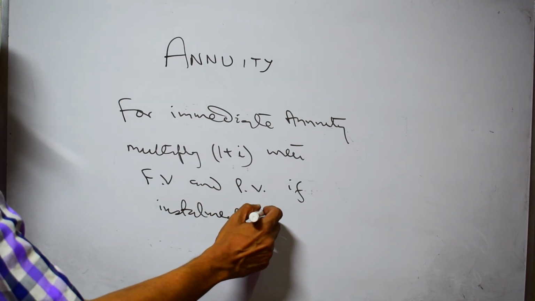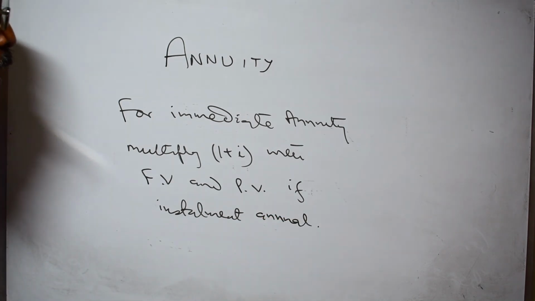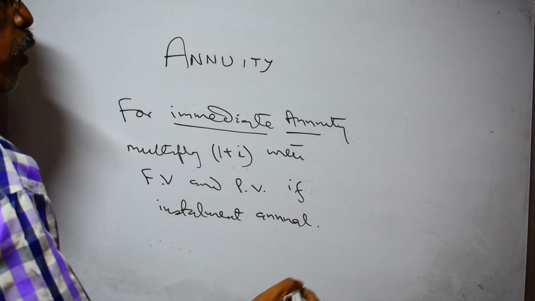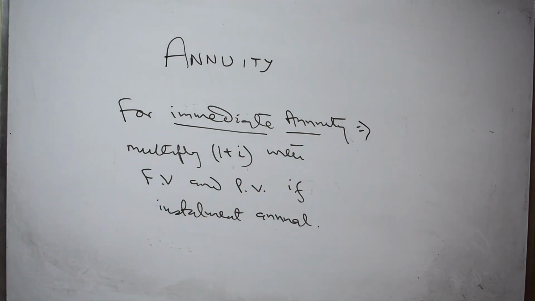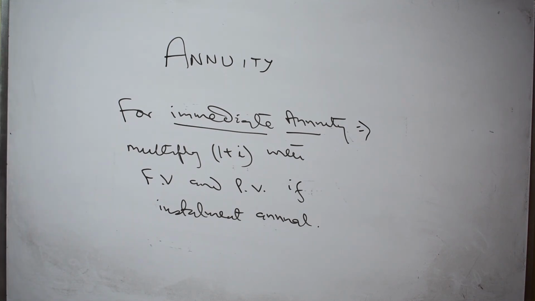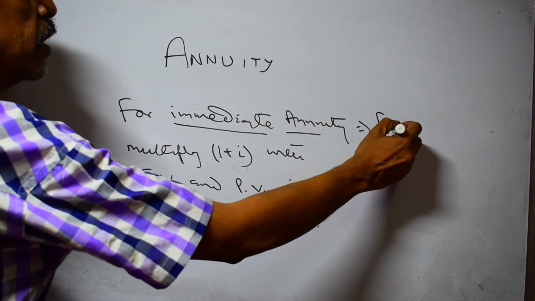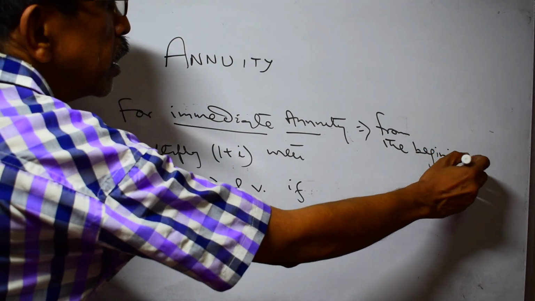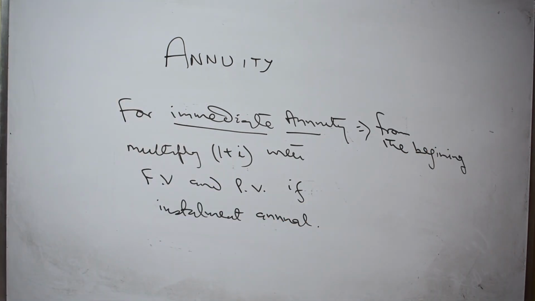For annual installments, the basic idea to remember is that immediate annuity is when we start from the beginning. In the case of regular annuity, the installment is at the end of the period, which is normally assumed. So the difference is that immediate annuity has installments from the beginning, and regular annuity has installments at the end of the period.